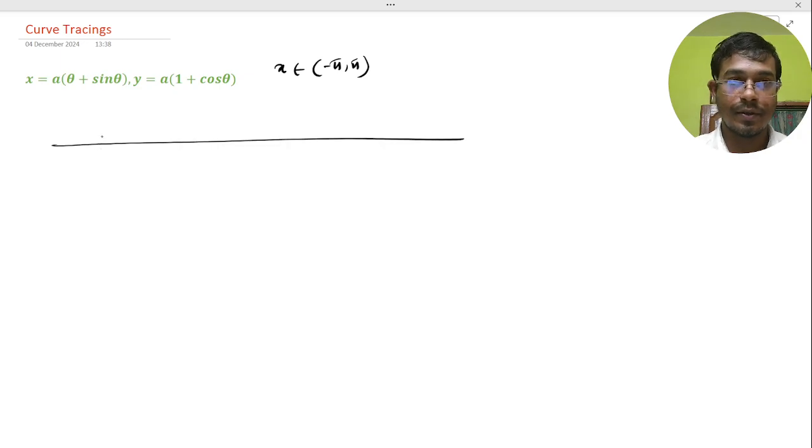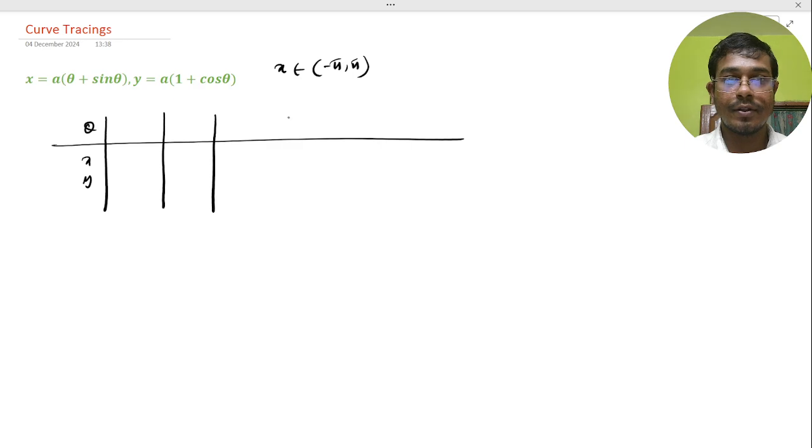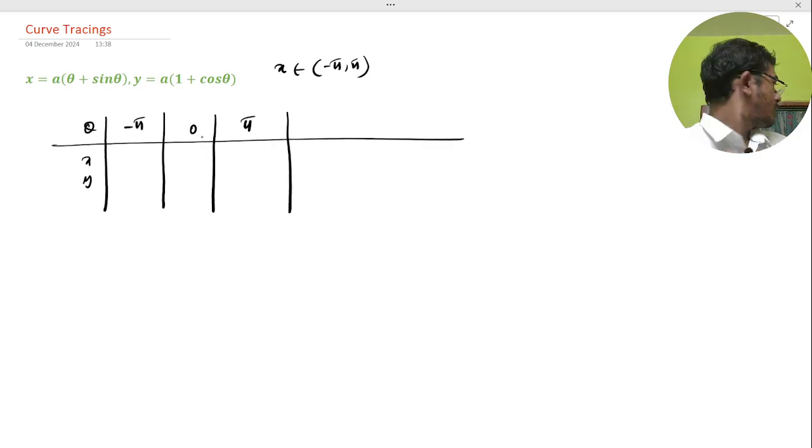The table has theta, x and y, for minus pi, 0 and pi. For x, at theta equal to minus pi we get minus a pi, and for 0 we get 0. Putting theta equal to pi, we get a pi.